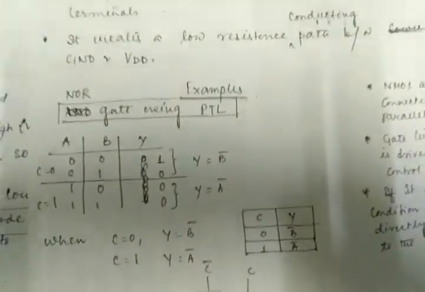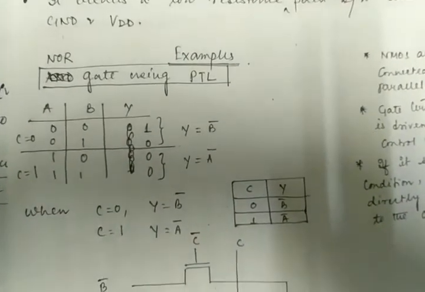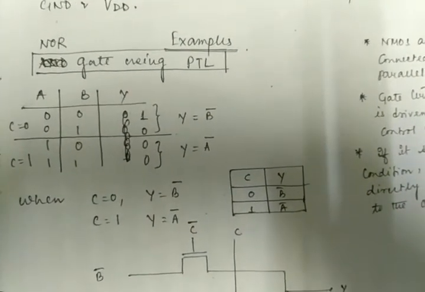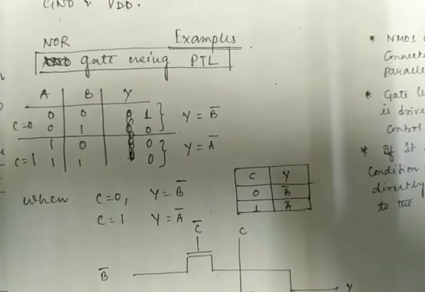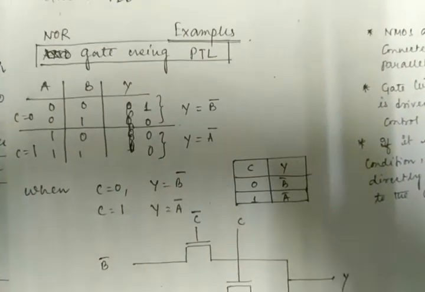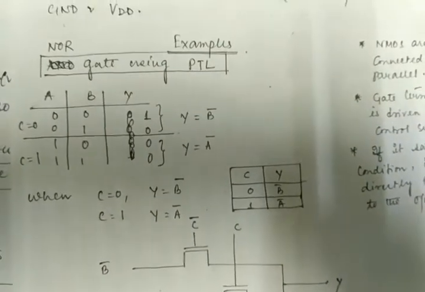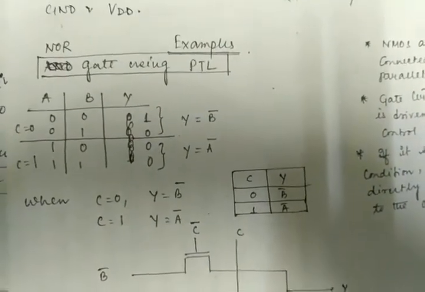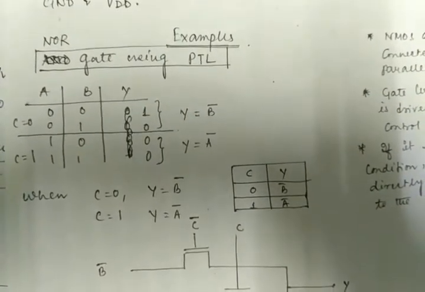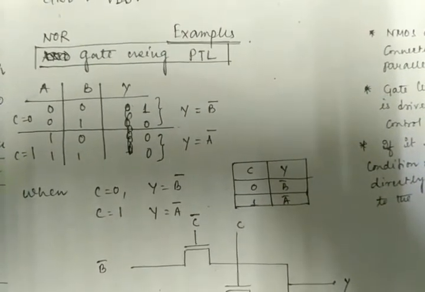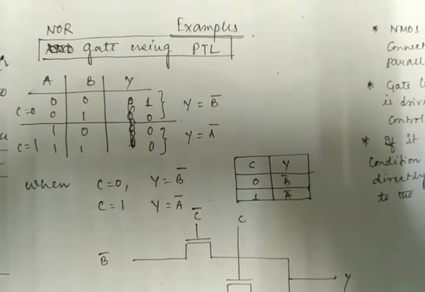Here the beginning example is a NOR gate using PTL. It's very simple. I will start from the gate, and you must practice all the gates using PTL. I am just showing how the logic is implemented, nothing else. So if it is a NOR gate, this is the truth table. Just see A, B and Y: 0 0, 0 1, 1 0, 1 1, and the output is 1 0 0 0.